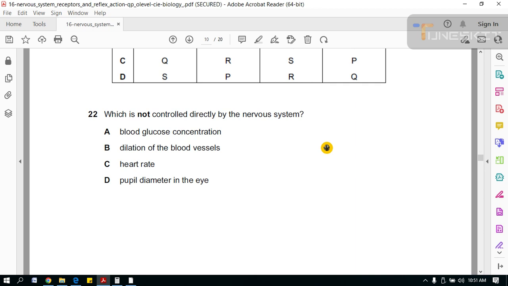Heart rate is controlled by the medulla oblongata. Pupil diameter in the eye, is it a function of the central nervous system? Yes, dear students, what do you think about it?